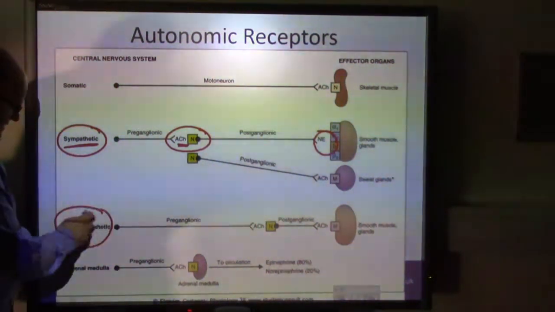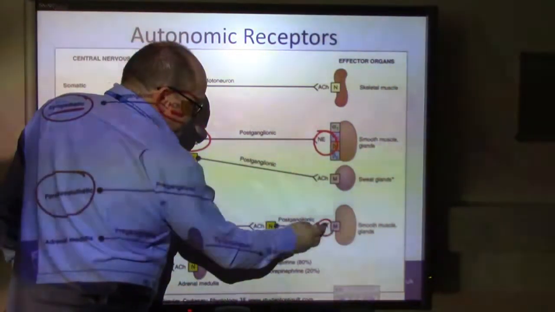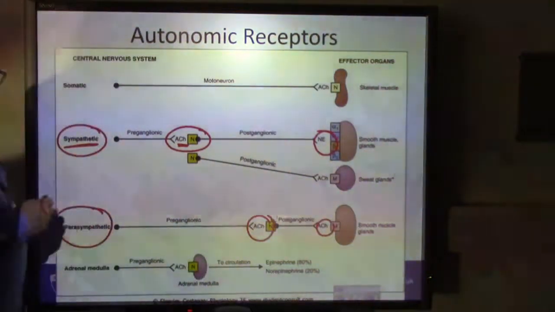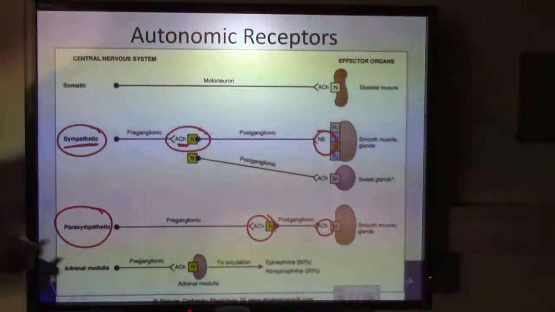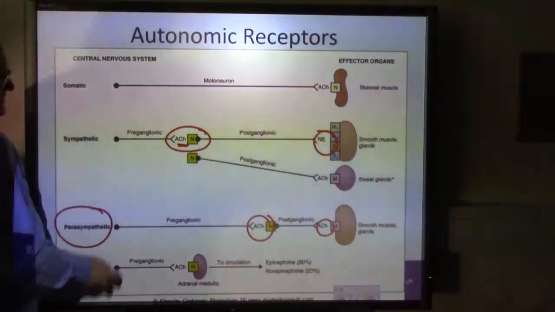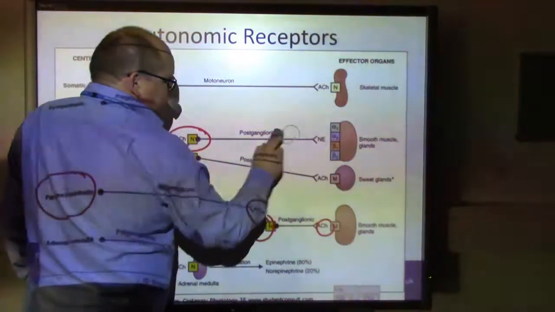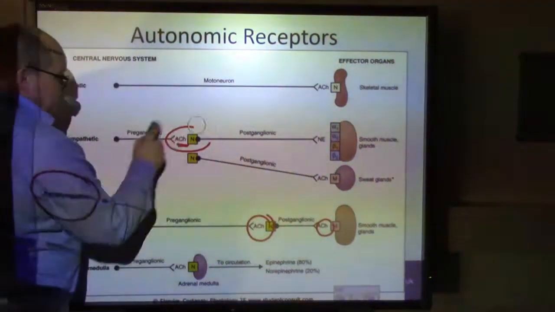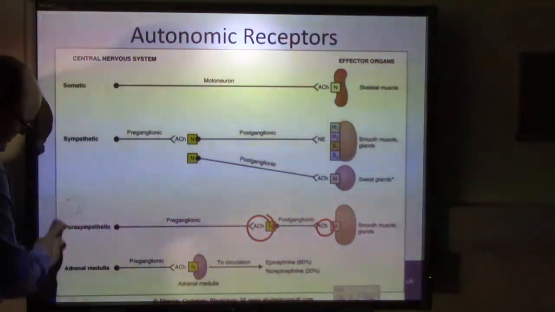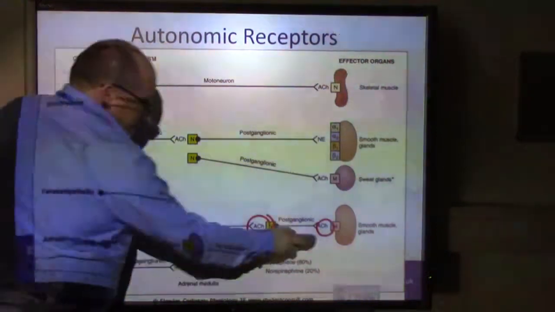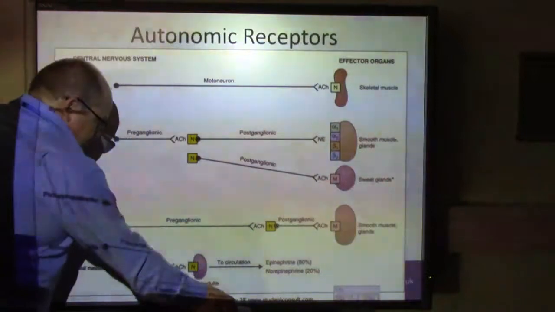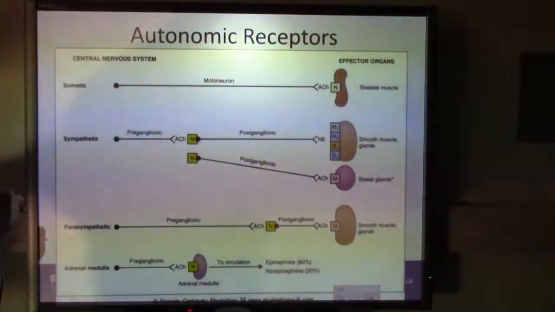That's true of parasympathetic too, where the end point is acetylcholine release. The pre to post ganglionic transmission is also nicotinic cholinergic. So although we tend to think the sympathetic is releasing noradrenaline, ultimately it is, but the link in the middle is always nicotinic. The same is true of the parasympathetic, releasing acetylcholine at the end, but also releasing acetylcholine in the middle to get the desired effect at the ganglion.